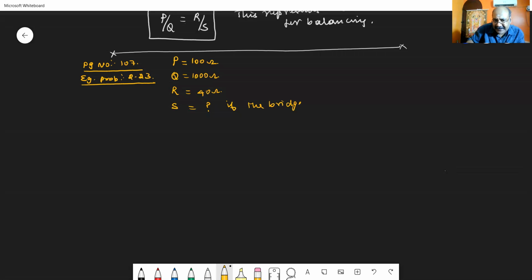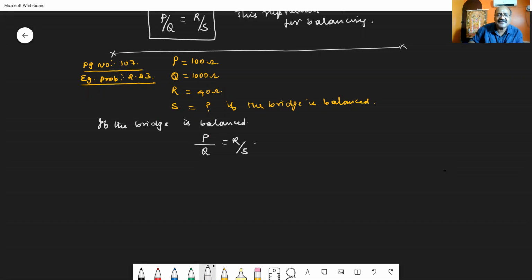That is the problem. We have already studied that if the bridge is balanced, then we can state P divided by Q equal to R divided by S.